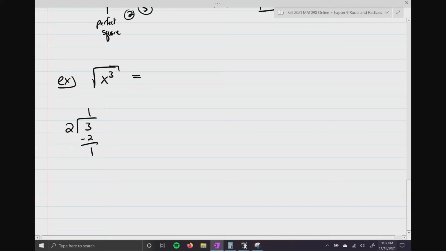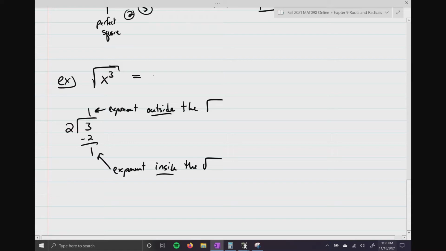This number 1 is going to be the exponent outside the radical symbol. Your remainder is the exponent inside the radical. Notice the difference. So the square root of x to the third is x to the first times the square root of x.